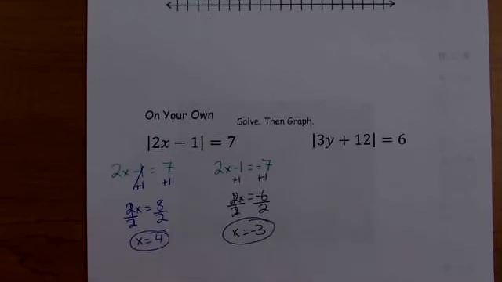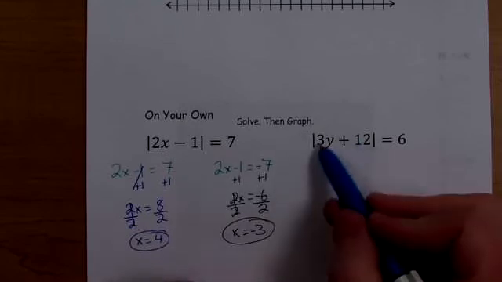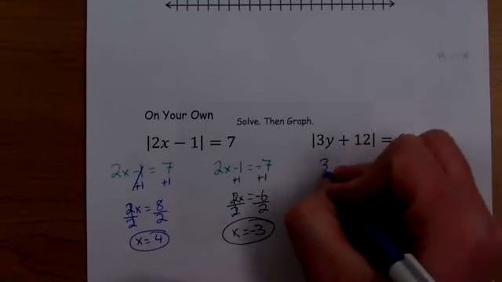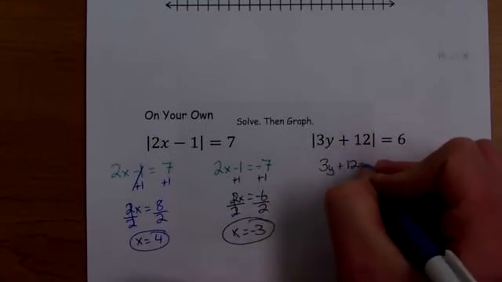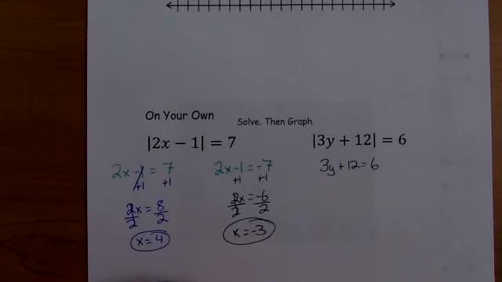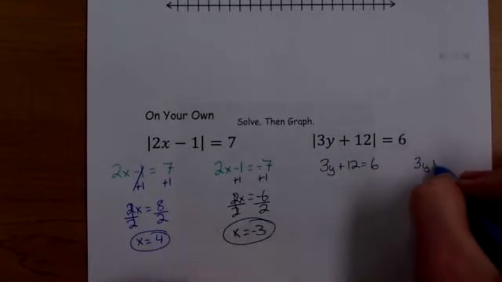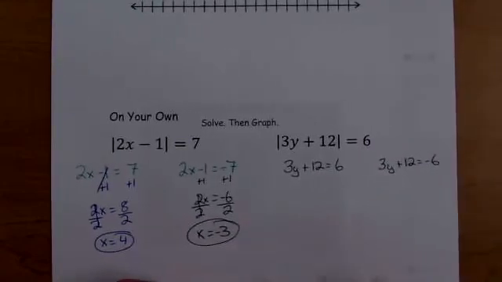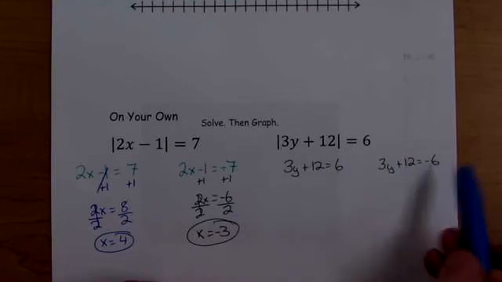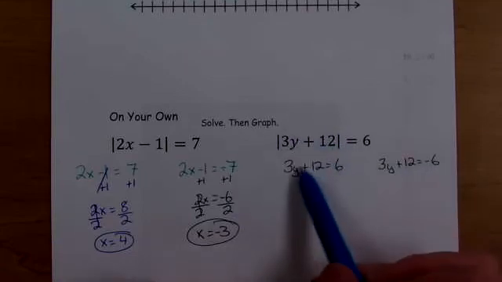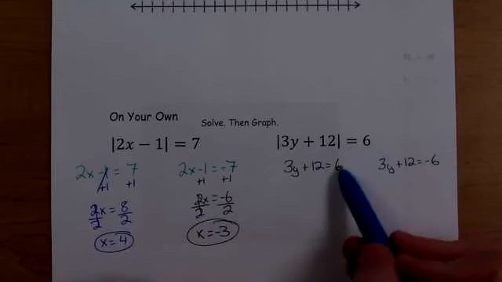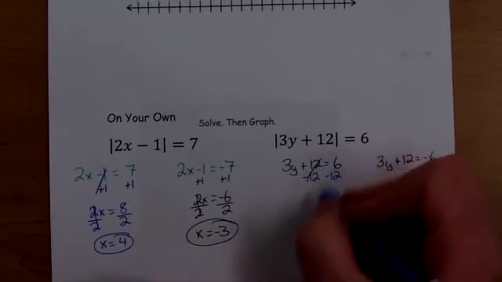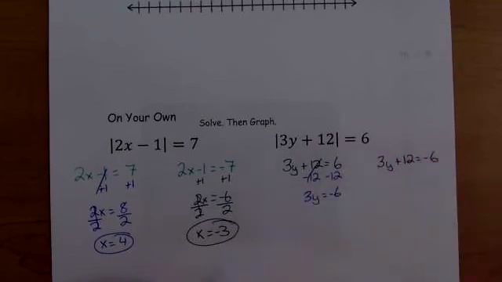Let's look at another one. We have the absolute value of 3y plus 12 equals 6. So we're going to take the guts. Case 1, 3y plus 12 equals a positive 6. And case 2, 3y plus 12 equals a negative 6. The insides do not change. The only thing that changes is the number here. Subtract 12, 3y equals negative 6.